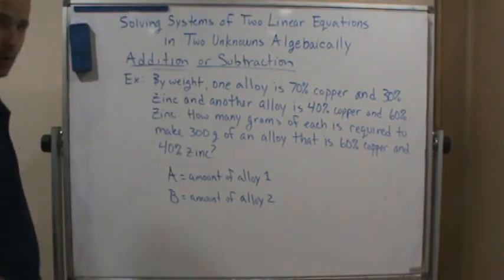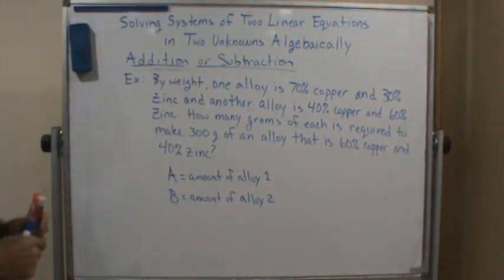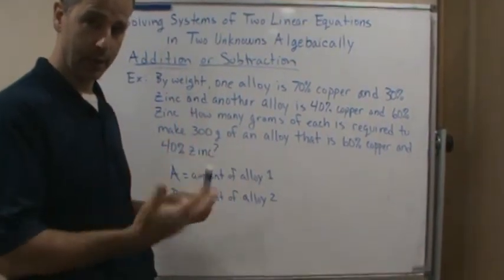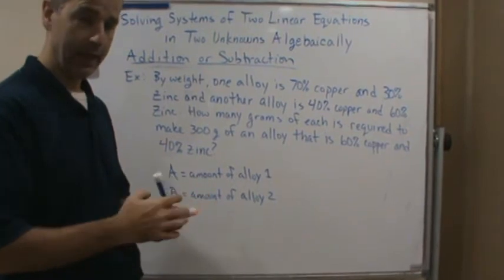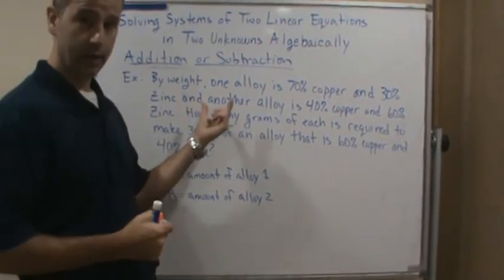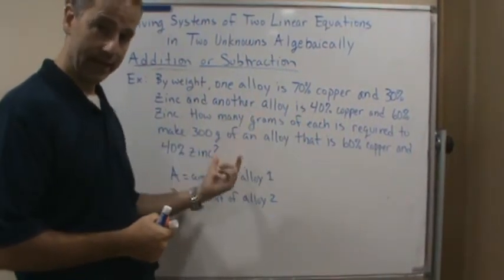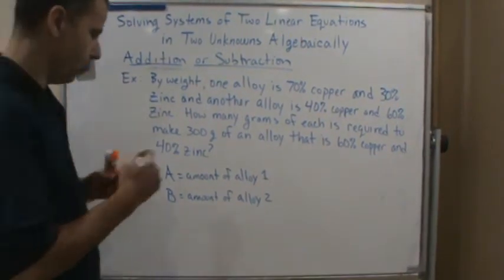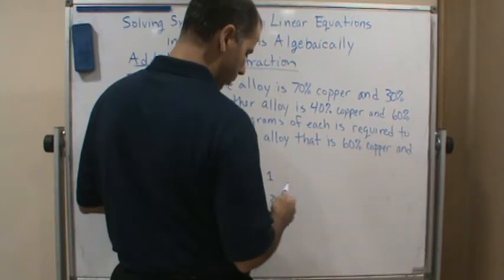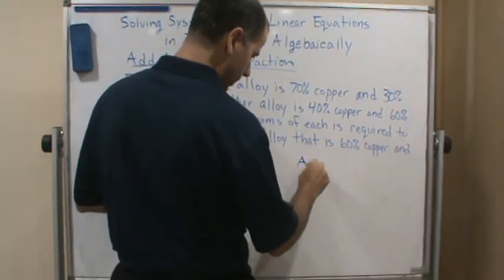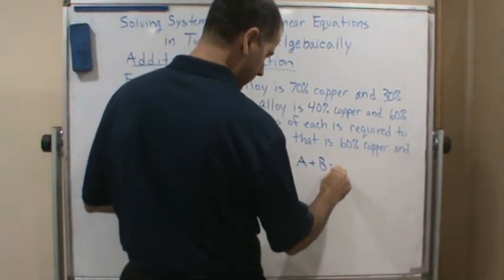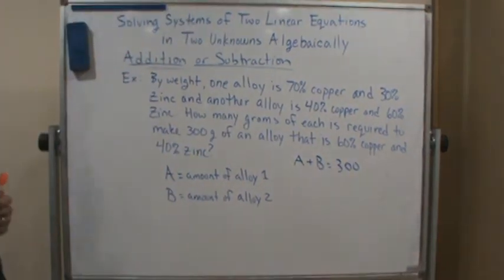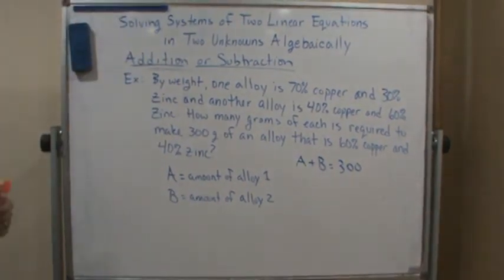The way I had it set up was wrong because it's not the amount of copper plus the amount of zinc that adds up to 300. It's the amount of alloy 1 plus the amount of alloy 2 that adds up to 300. So now the equation that we start with is A plus B equals 300. Okay, so that's correct.